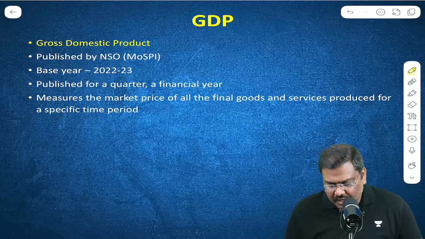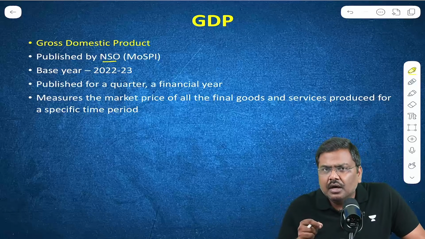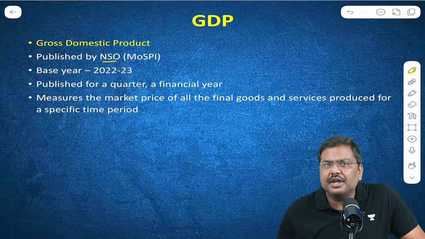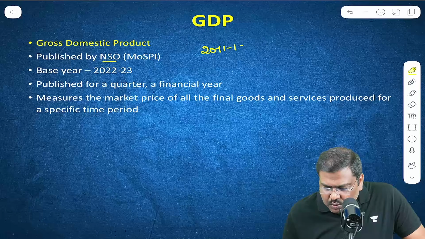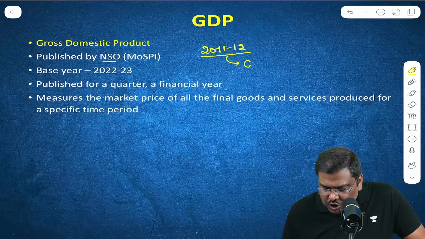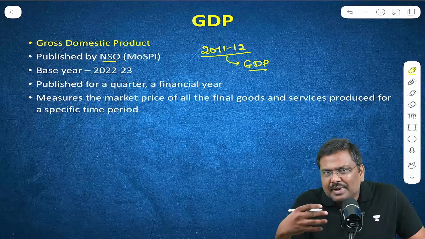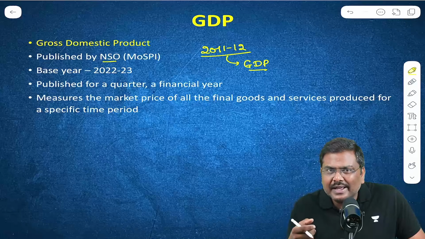Earlier, the authority NSO, National Statistics Office, which functions under the Ministry of Statistics and Program Implementation, used the base year of 2011-12 to calculate GDP, GDP growth rate, etc. There have been multiple concerns raised regarding the methodology that is used to collect the data.